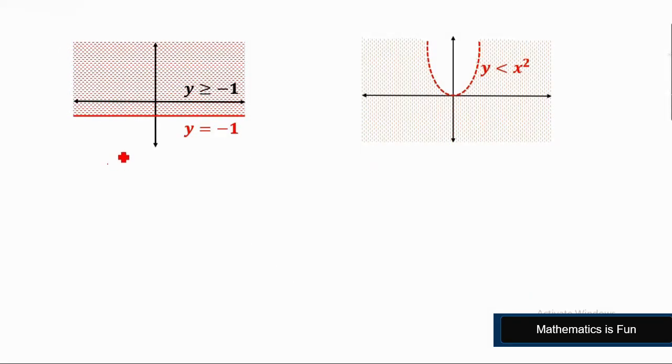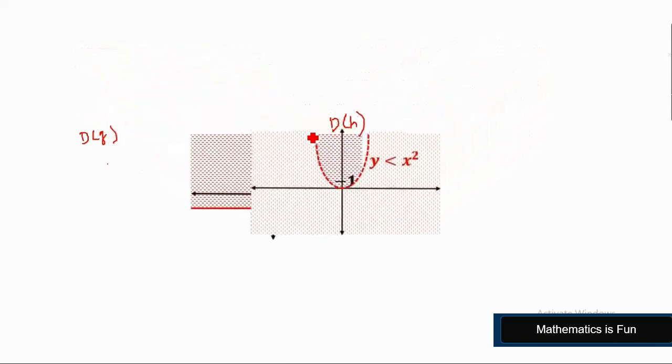Here we have the graphs for the domain of g and the domain of h. So now we are interested in finding the domain of f, which would be the intersection of these two domains. So let's take the intersection, or we can say the common region of these two domains.